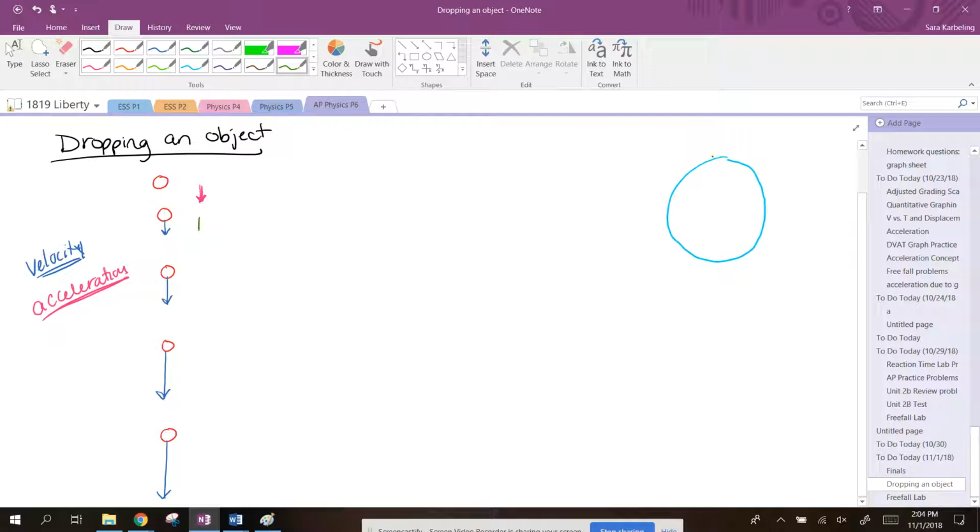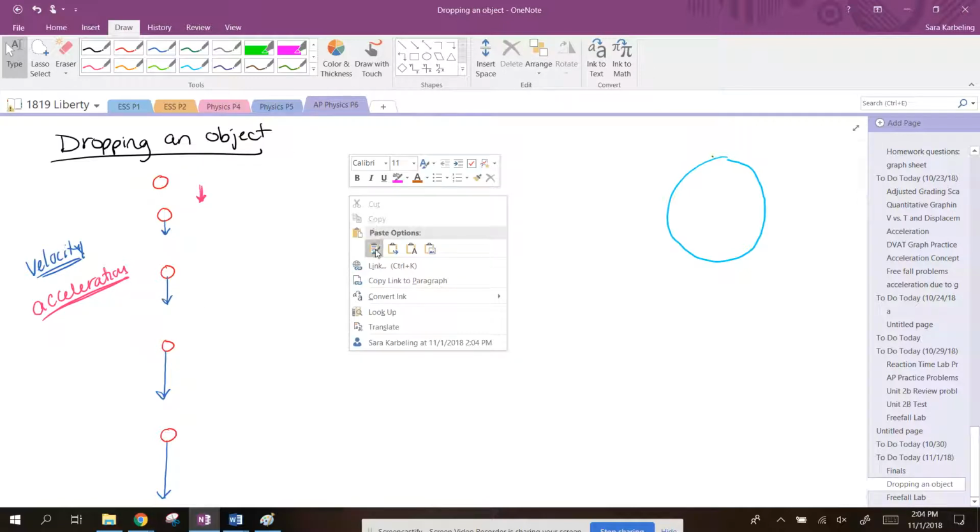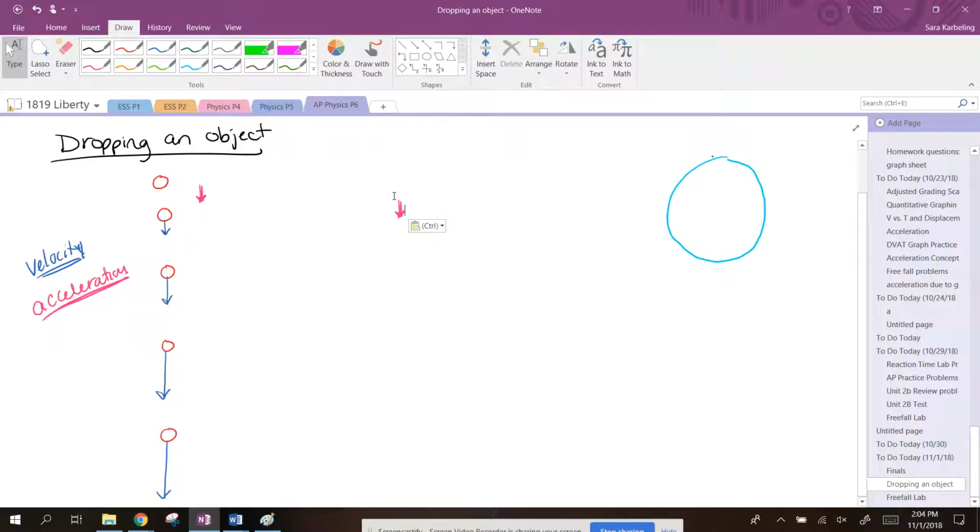I want to make sure, I was going to make these all the same color, that your arrow is exactly the same every single time. So I'm going to put this one right over here, and then I could do the same thing every time. It's going to be the same size every time.